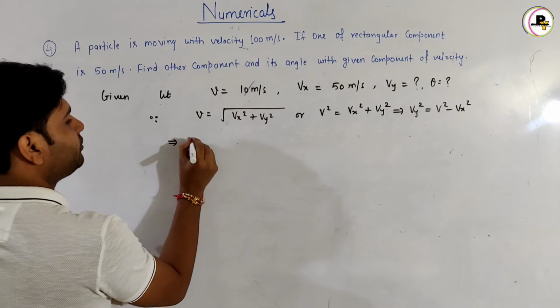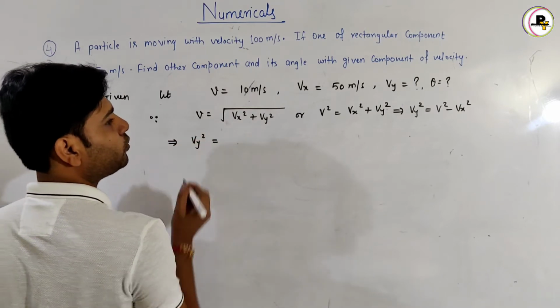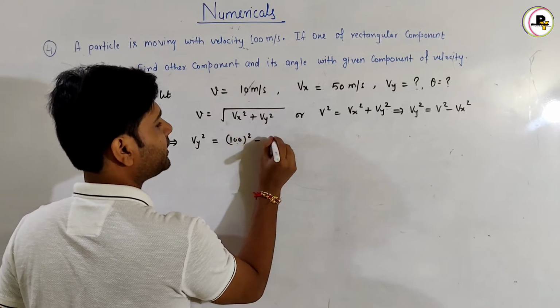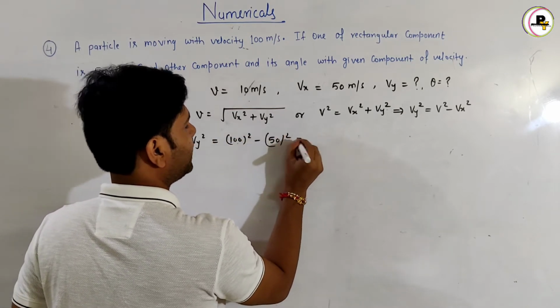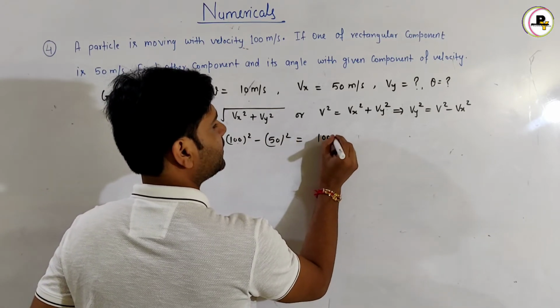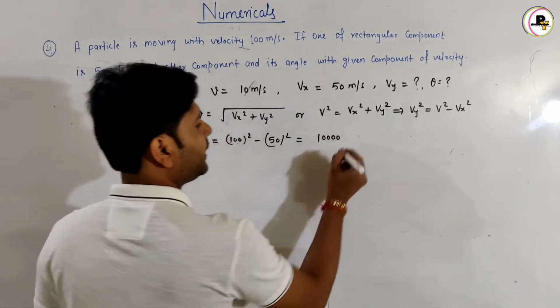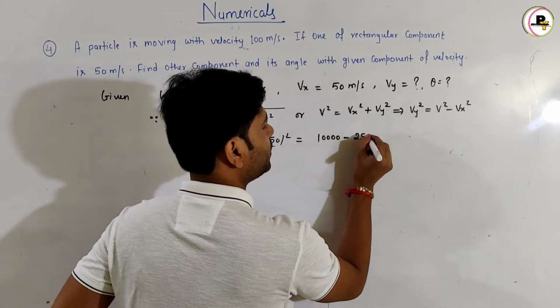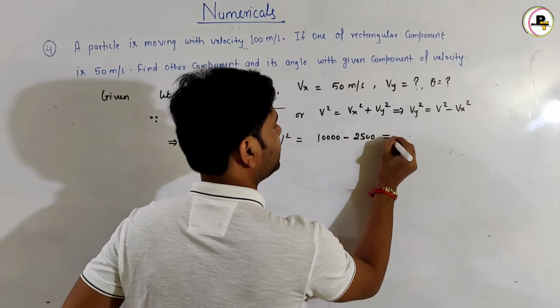Therefore vy square equals, what is v? It is 100. So I get 100 square minus 50 square, and this is equal to what? 100 square is 10,000, and minus 50 square is 2,500.